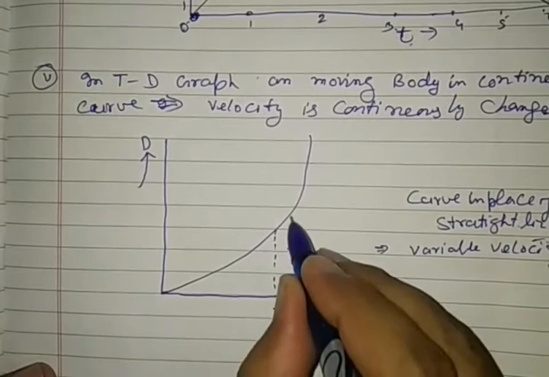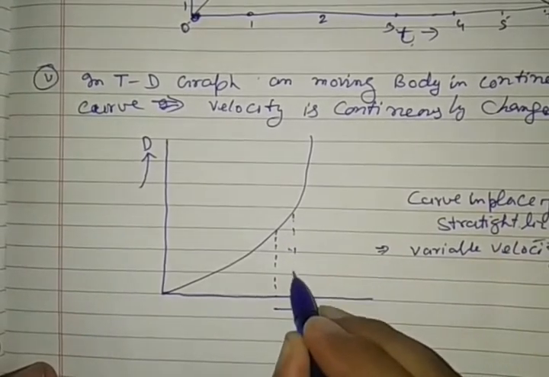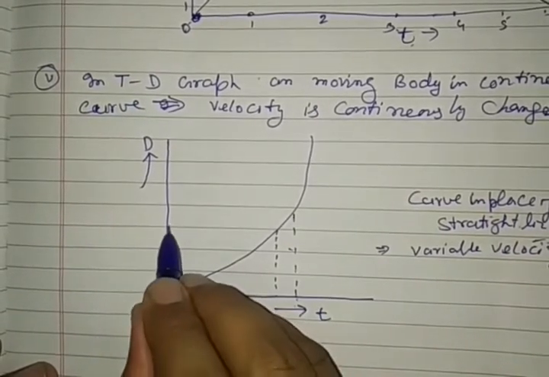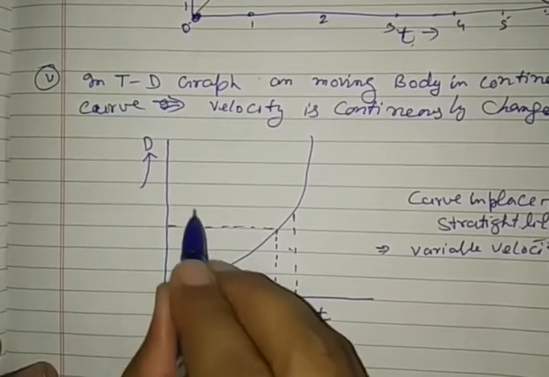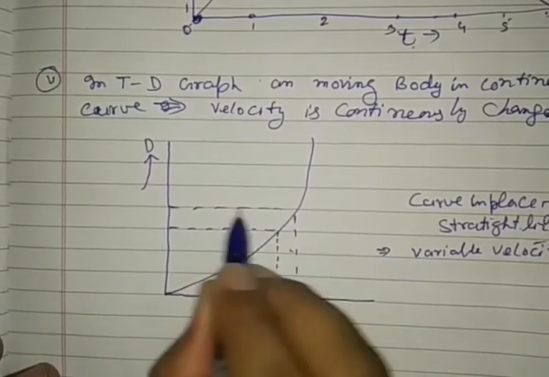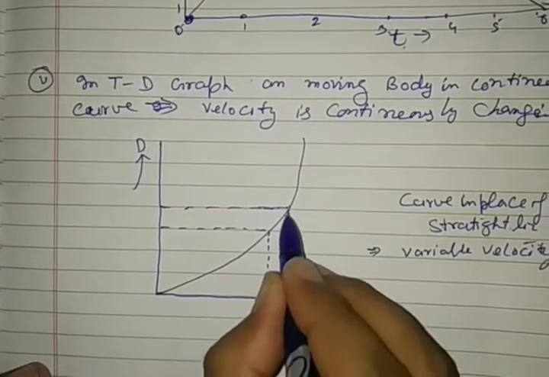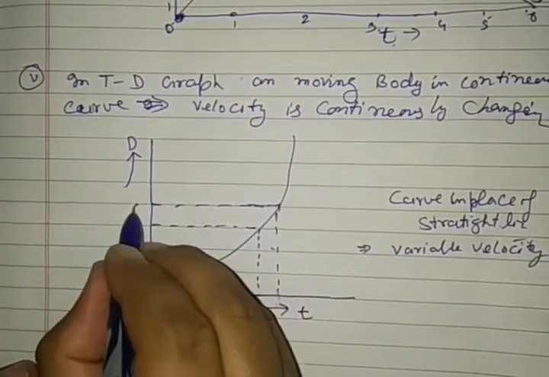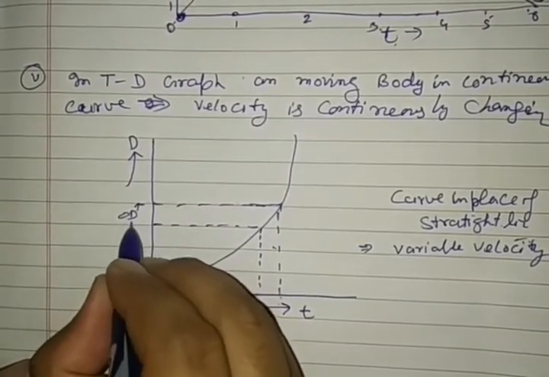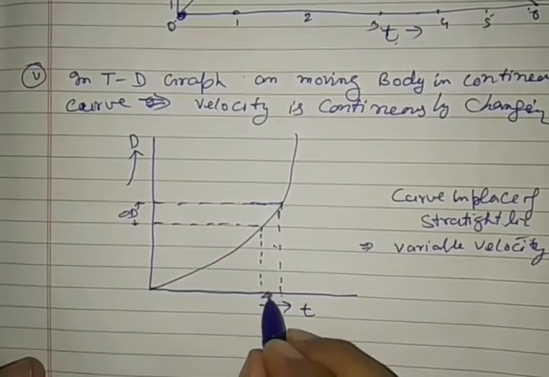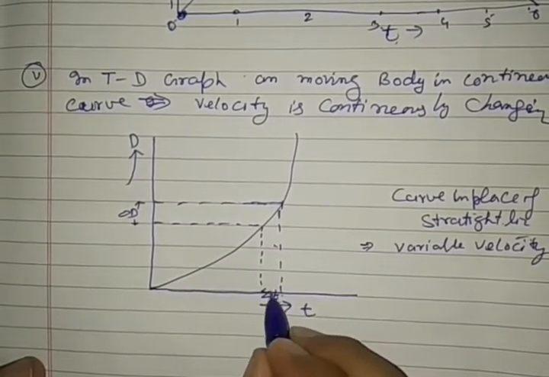To obtain the velocity at an instant, this is delta D and this is delta T in between.